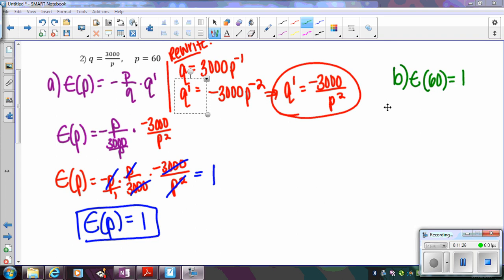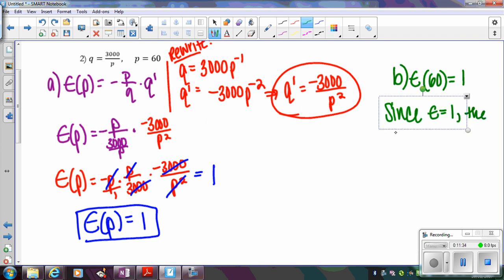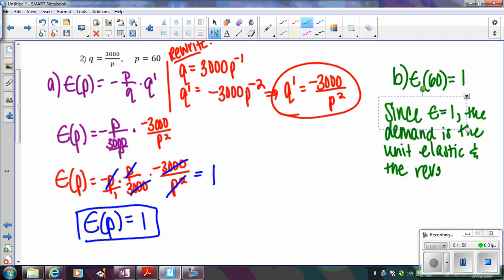So let's make a note of that. Since epsilon equals 1, the demand is unit elastic, and the revenue is unaffected by a change in price.